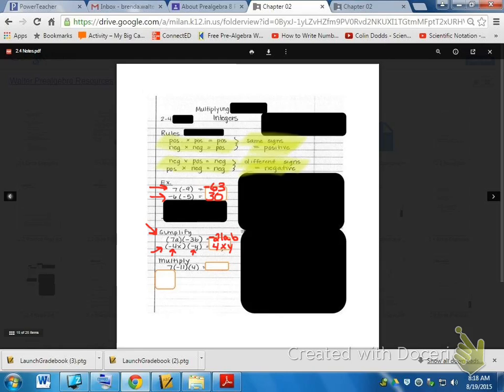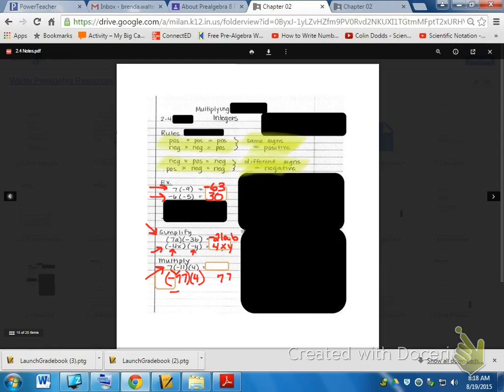Finally, I've got more than 2 being multiplied. So you just go with the first 2. A positive times a negative. Haley, is a? Negative. And then 7 times 11? 77. Okay, so then I have to take negative 77 times 4. So a negative times a positive is going to be? Negative.